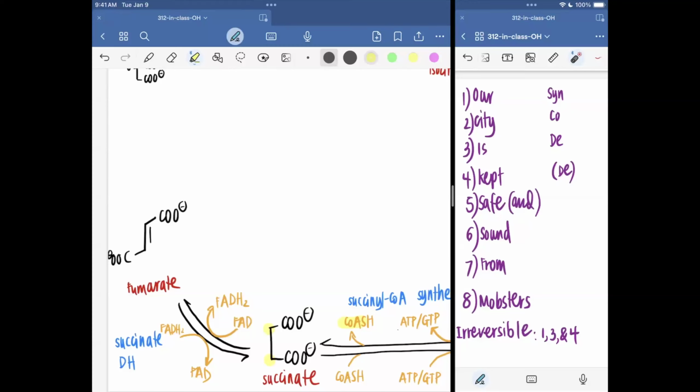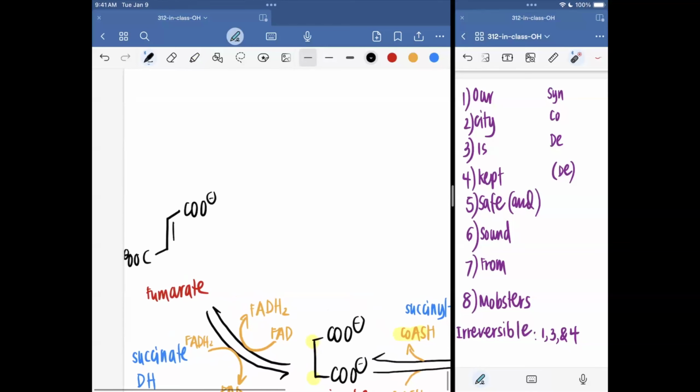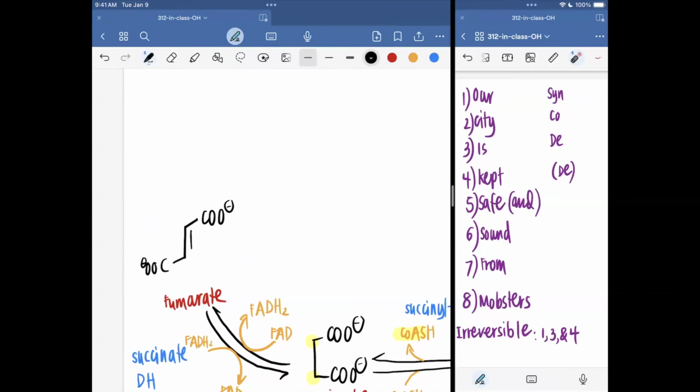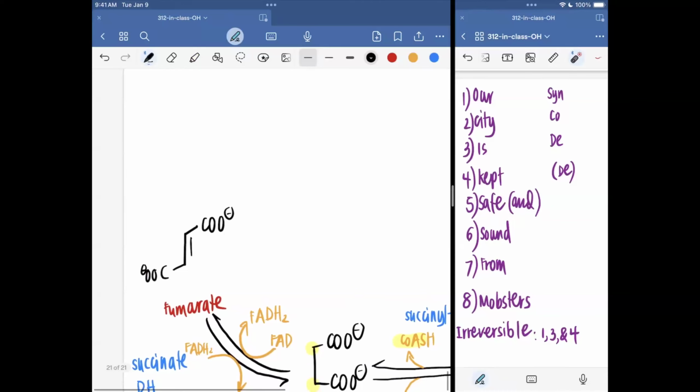And this trans configuration is important for this structure, so you'll want to indicate it in the trans configuration. I'm going to move this molecule down just a little bit because we are getting toward the end of our Krebs cycle drawing.